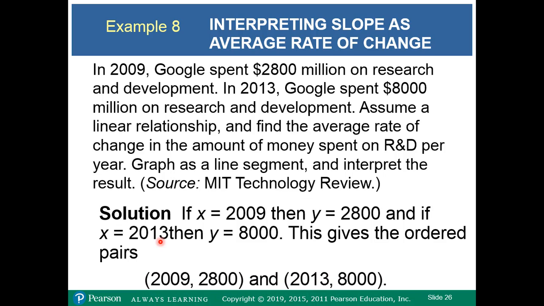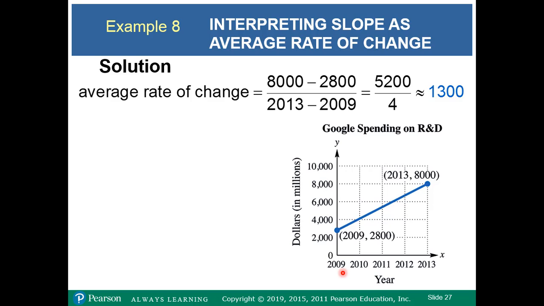Now we're going to use these 2 points and the slope formula. So the average rate of change is 8,000 minus 2,800 divided by the quantity 2013 minus 2009, which is 4. So we get 5,200 divided by 4, so approximately $1,300 million per year.